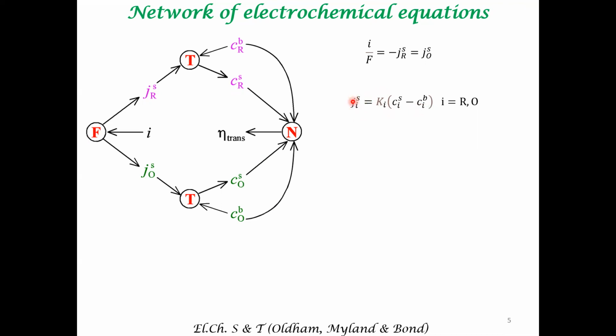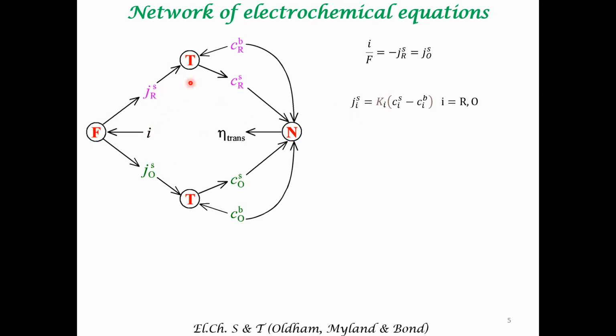Because this is a vectorial quantity, to get the direction right, you have to adjust this accordingly, depending upon whether it's R or O. So T indicates transport, F indicates Faraday's law. There are certain transport laws which give me these two fluxes.